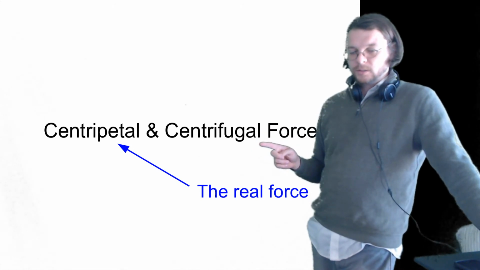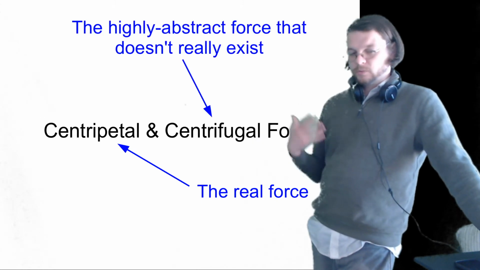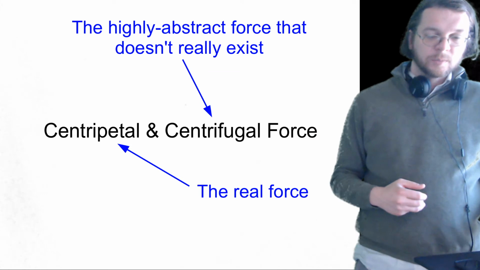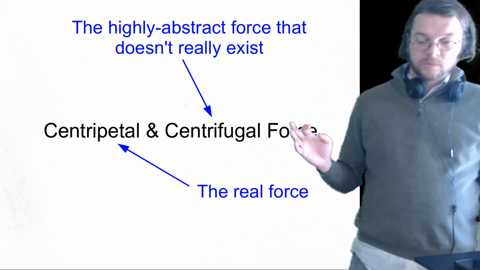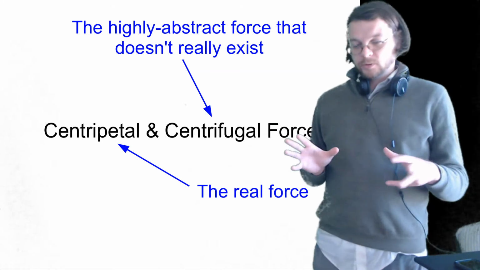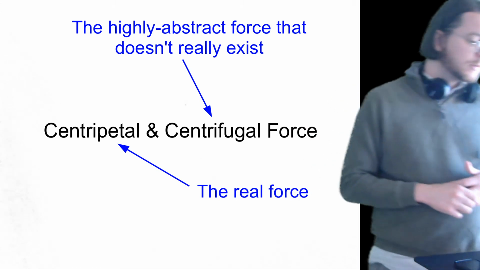Whereas the centrifugal force is this sort of abstract force. Some people call it a fictitious force that, as we'll see, is an artifact of the fact that you're looking at some interaction on a platform that might be rotating.